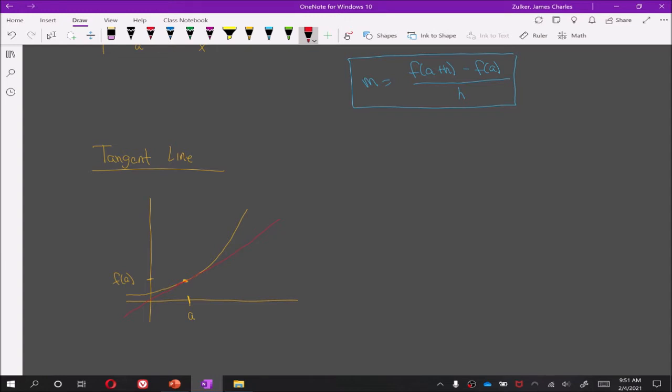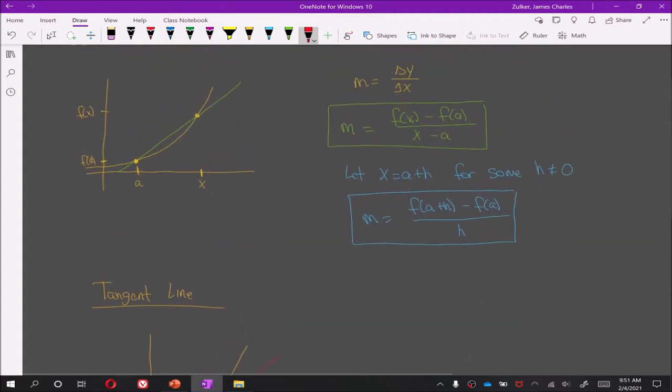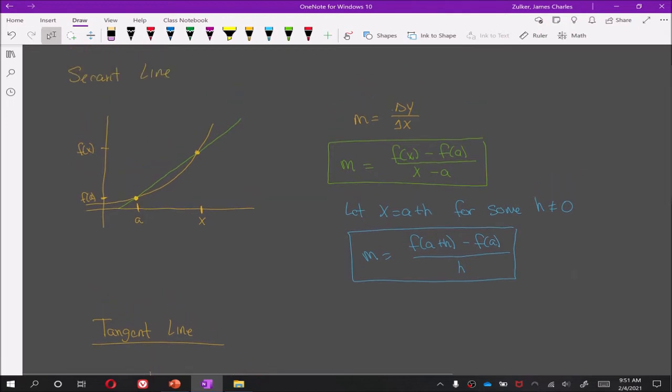Now, the problem here is, what is the slope of this line? We don't have a second point for this line. Well, let's look at how we can form this line using secant lines. Right, so come back up to here. Let's say this was x1.